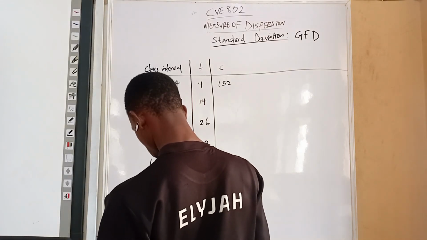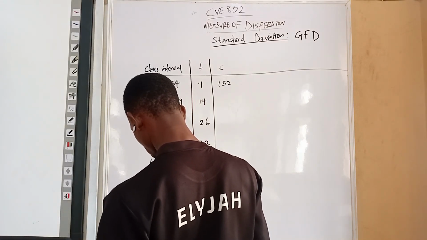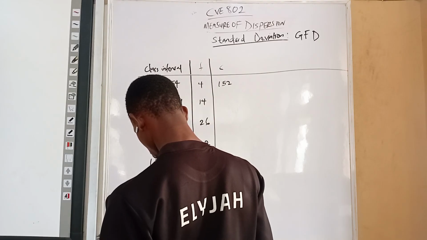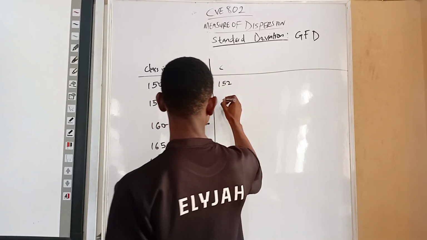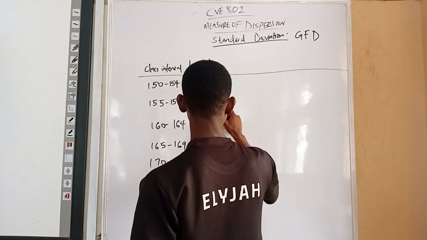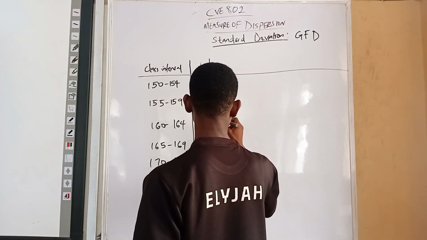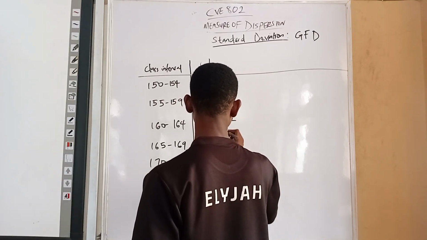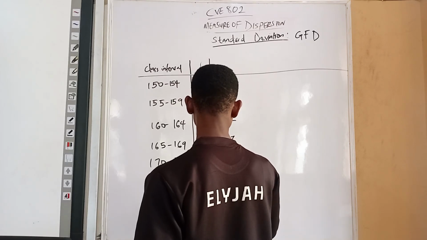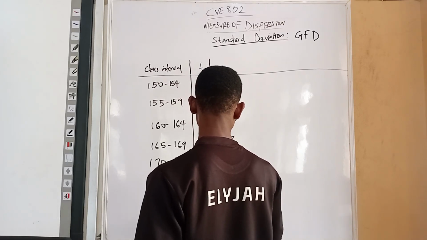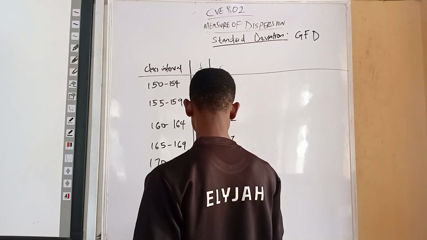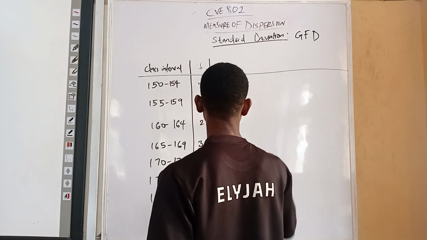This one is 155 plus 159 divided by 2, that's 157. So 157, and this one plus 5 again is 162, 167, 172, 177, and finally we have 182.